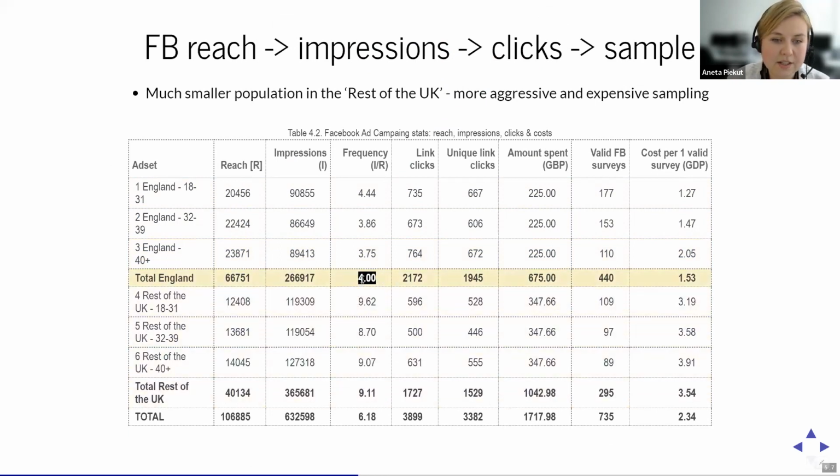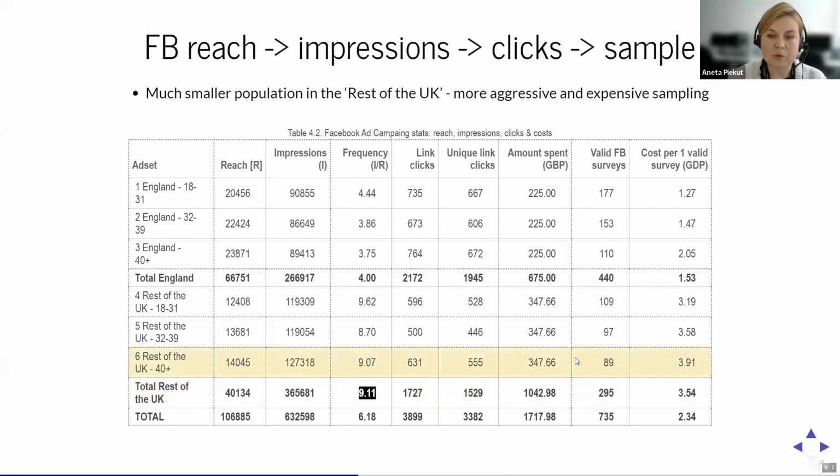And we can see that in England, on average, it was 4 times. And outside England, it was really high, over 9 times. Because we had a larger budget on the smaller population, the ad was displayed many, many times to reach some of these people.